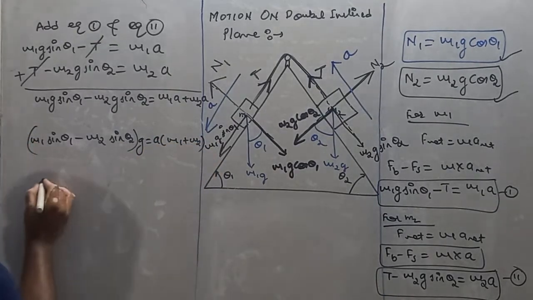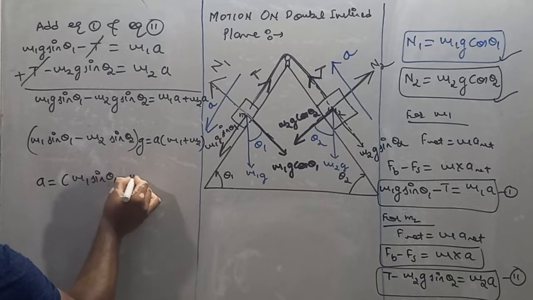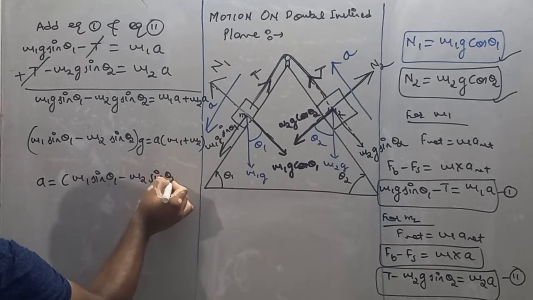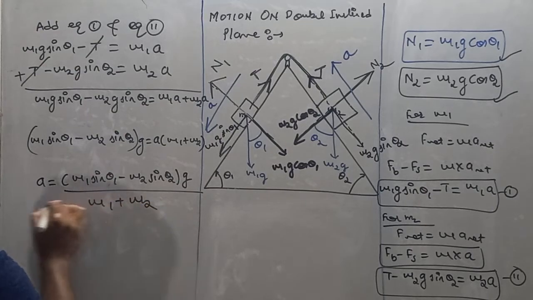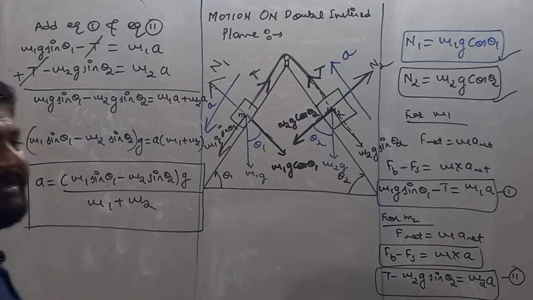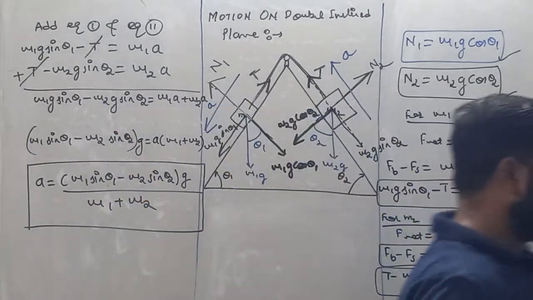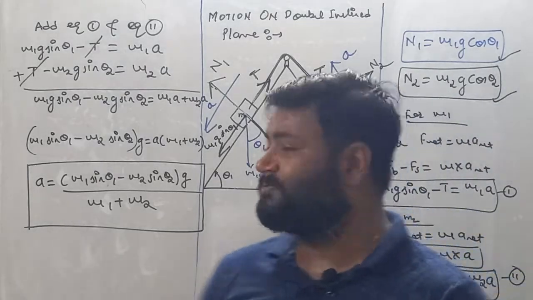Now find the value of a. a becomes equal to m1 sin theta 1 minus m2 sin theta 2 into g upon m1 plus m2. So this is the value of acceleration, my dear student, in a double inclined plane. I hope you all understand this thing, my dear student.